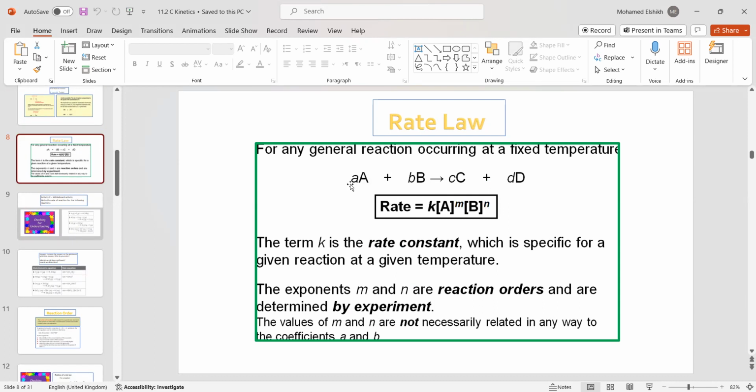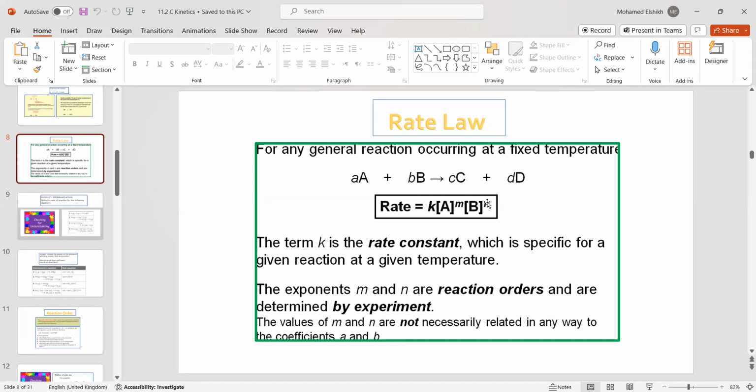Now, notice that in this chemical reaction in front of you, the coefficients are given as small letters a and b. So obviously this m and n are different to a and b. Fine. And if we were to look at the rate of the chemical reaction from the perspective of the products, these products will then be looked at as being reactants, obviously, and the rate will equal K times the concentrations of C and D, and they'll be raised to, again, the small m and n.